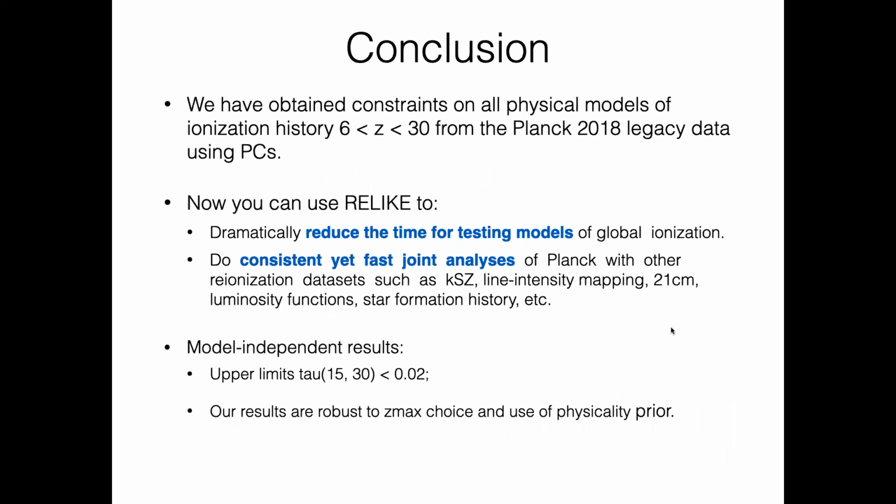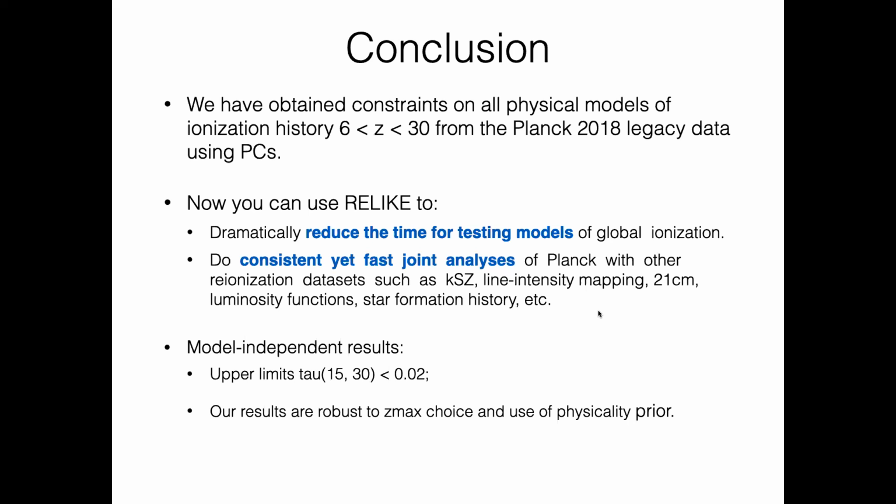Yeah, so one more thing to highlight is that because it's so fast now to just give a Python code a function of ionization history and be able to get the Planck likelihood very quickly, this makes it so much easier to do a joint analysis with all these other data sets of reionization. Before, people just put a Planck tau prior on their data set, and it's probably okay for a lot of models, but it's misleading in some other ones, especially if you have a higher reionization tail, as you would see in some simulations.